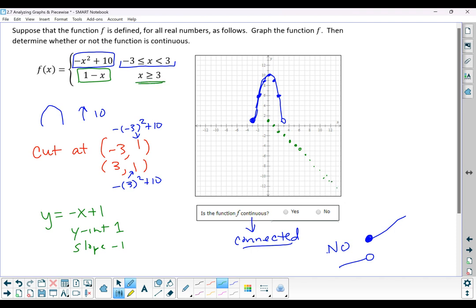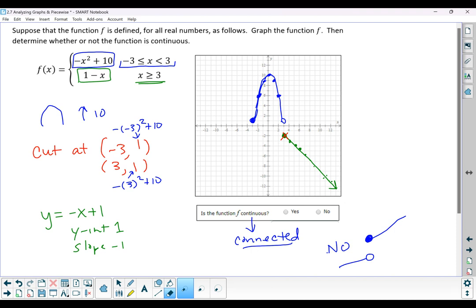This is for all x values that are greater than or equal to 3. So we've got a filled in circle here, and then the line continues down. In ALEKS, you might be able to just do a ray for a line, but if not, you would want to make a cut right there and delete the other half of the line.